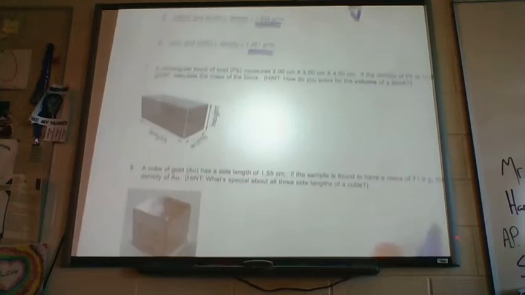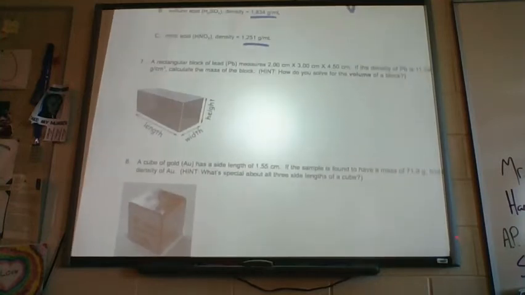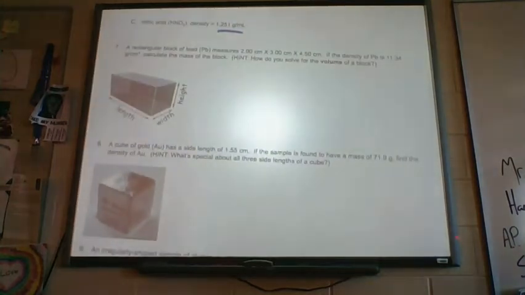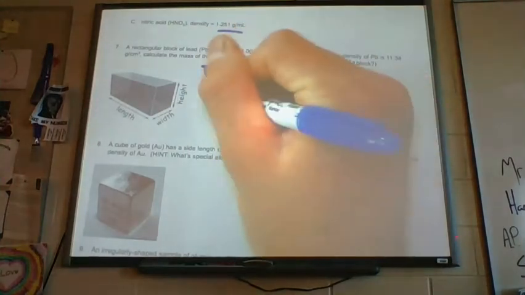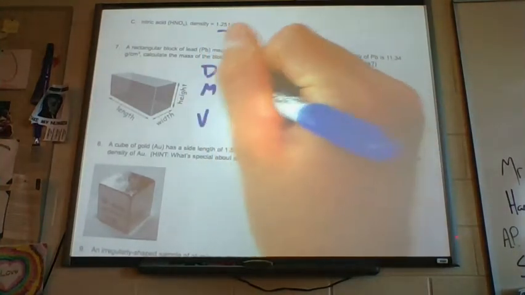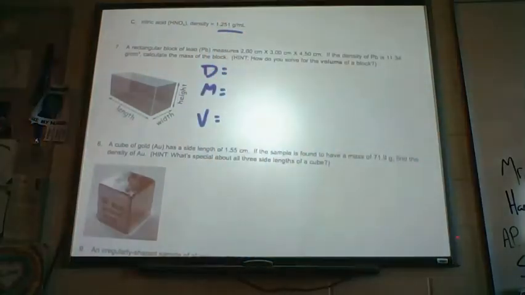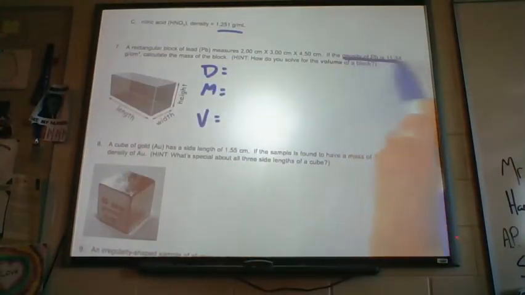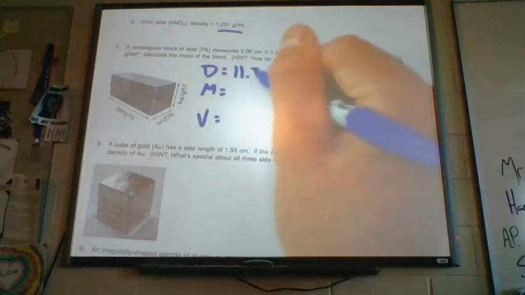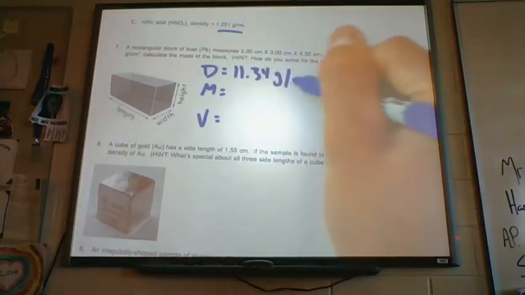Question 7 and question 8 are just a little tricky because I did not give you a volume directly. Density, mass, volume. So if you look at question 7 and you read through it, it tells you that the density of lead is 11.34 grams per centimeter cubed.